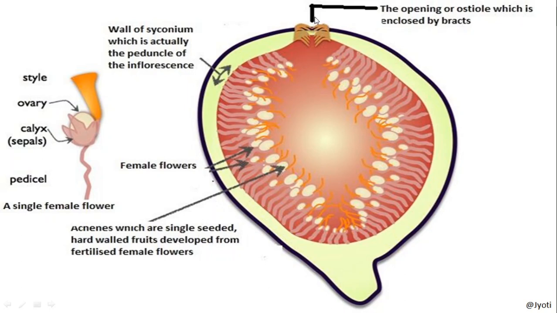So there is an opening. This is the apical part, and this is the part by which it is attached to the stem. This basal part has the female flowers, and towards the apical part the male flowers are present, and here the apical pore is present, which is also covered by the bracts.